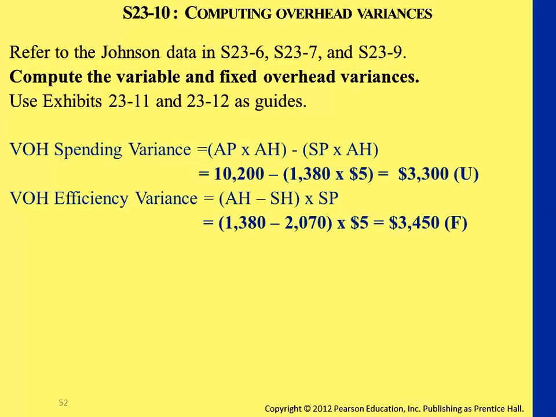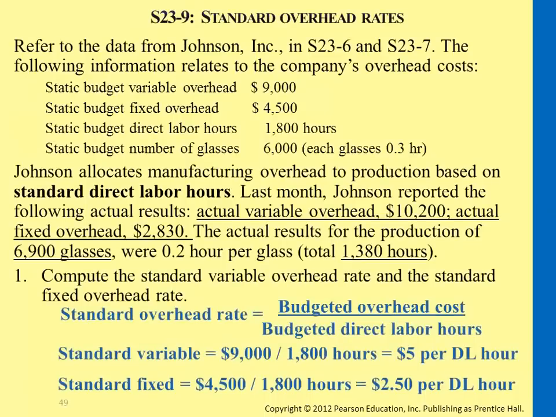Okay, the following two would be fixed cost differences. So for fixed cost, remember we break that down into spending and volume variances. The spending variance should be the easier one. It's basically the actual cost that you spent, which is the actual fixed overhead, 2,830. That's the money that you actually spent.